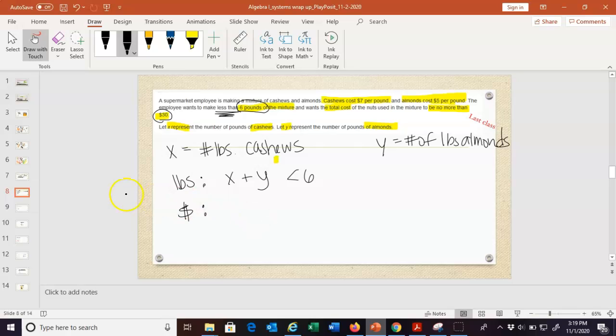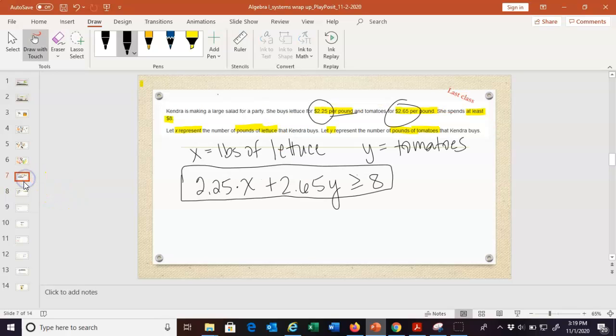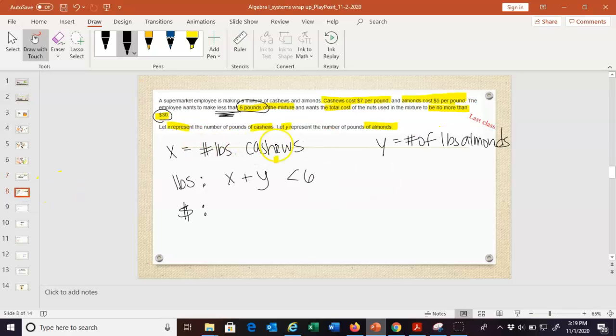Now let's do the money inequality. This is very similar to the example where we talked about the cost when we're going to be spending at least $8, right? To find the cost, you had to multiply the cost per pound times the number of pounds. So that's the same thing here. The cost per pound is 7 times cashews, plus the cost per pound is 5 times almonds.